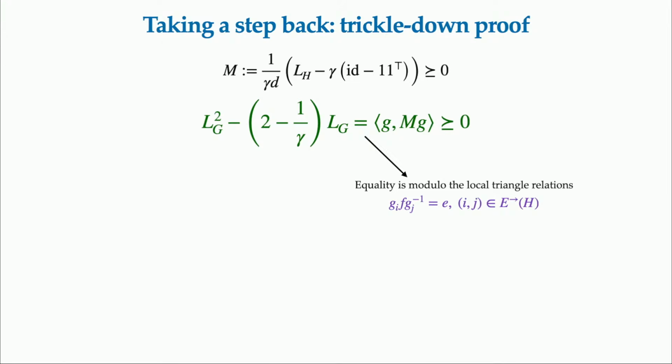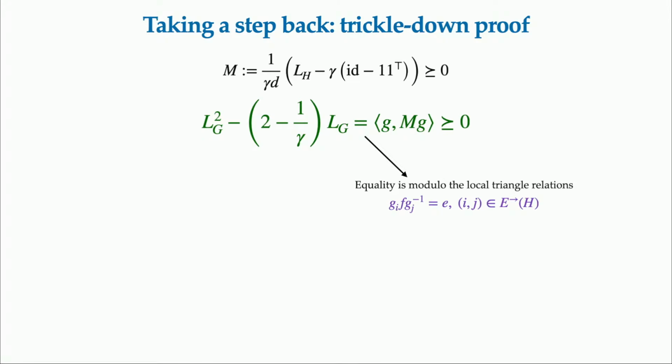It's basically saying that you can write that expression as a quadratic form with some other PSD matrix, where the PSD matrix is M. Maybe don't read too much into what exactly M looks like or trying to verify it on the spot. Trust me when I say that when you go through the trickle-down theorem proof, you can verify by hand that it is essentially saying that the expression on the left can be written as a quadratic form with a PSD matrix.